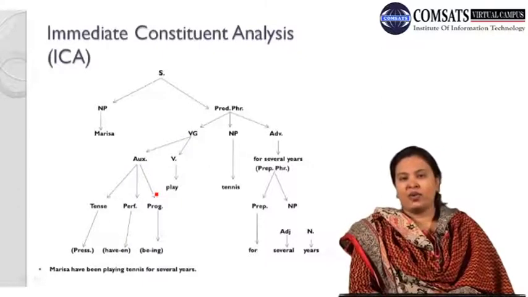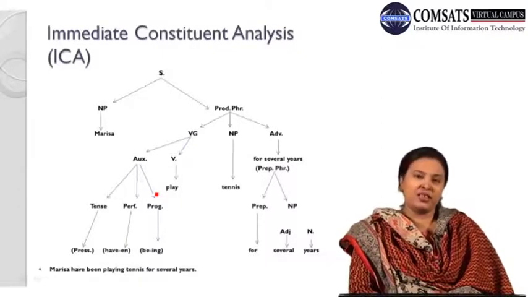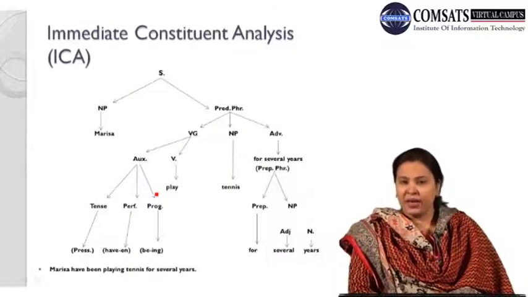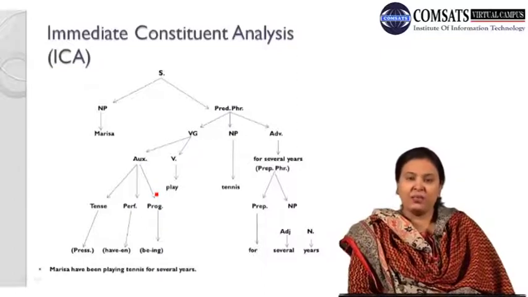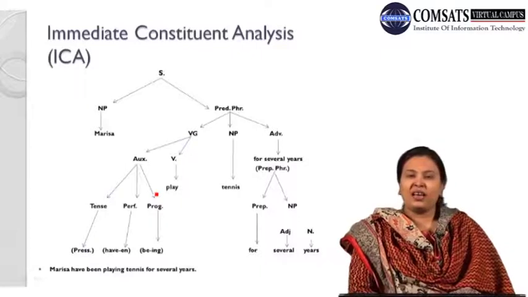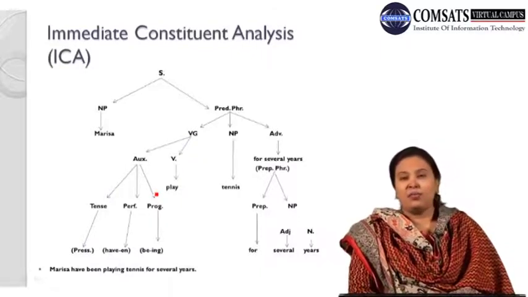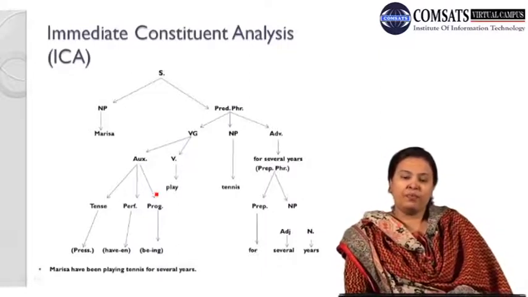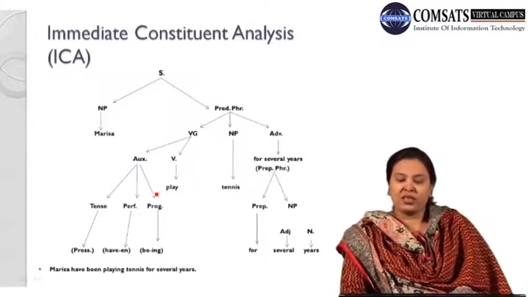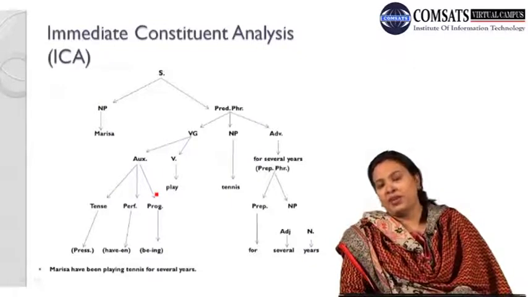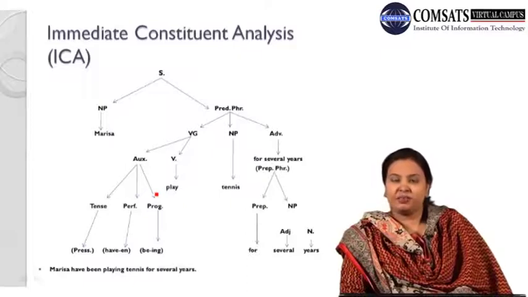Inside my noun phrase I have a single noun, Marisa, and inside my predicate phrase I have three parts. Verbal group, that is have been playing, not a single verb, rather a combination of auxiliary and main verbs, so verb group VG. Then we have a noun phrase, tennis, and then an adverbial phrase, for several years.